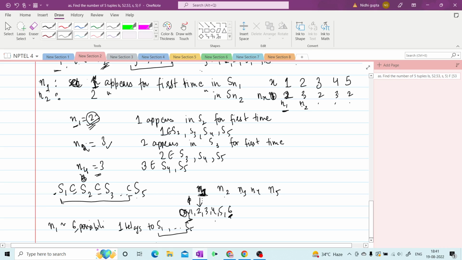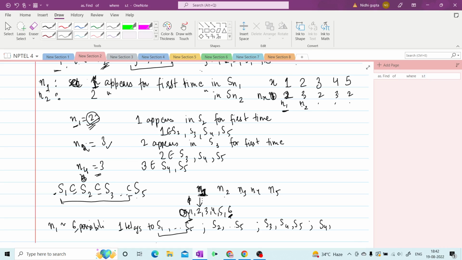Second possibility is one belongs to S2 till S5, right? Other possibility is that it belongs to S3, S4 and S5. This is the third possibility. Fourth possibility is it belongs to S4 and S5. And fifth possibility is that it belongs to just S5. And sixth possibility is that it does not belong to any of the Si.